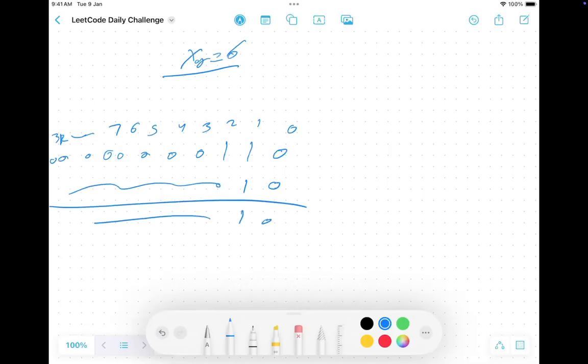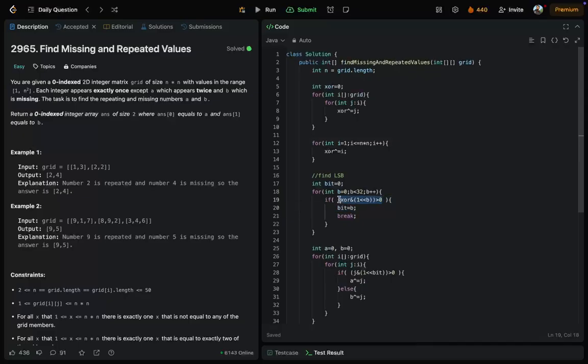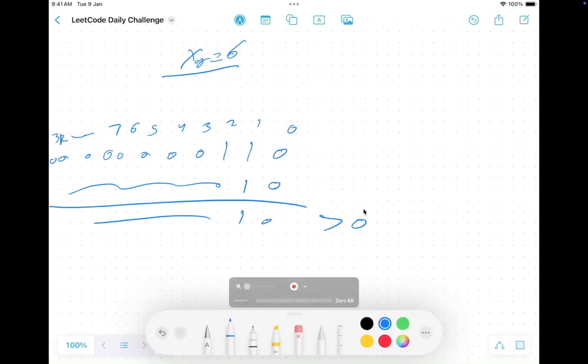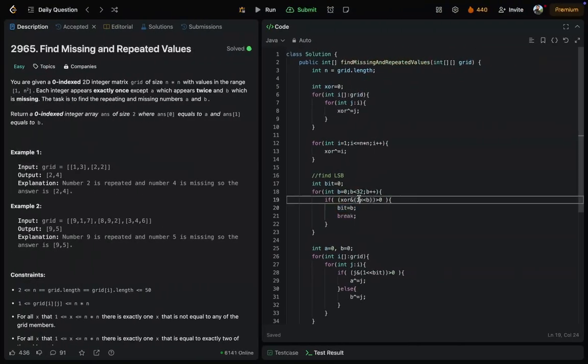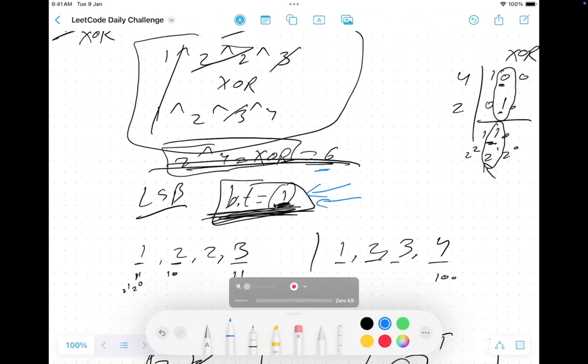Then we are getting some value which is greater than 0, right? Yes, if this is greater than 0, it means this is our LSB. So our bit will become 1, as we are shifting 1 left b number of times. Okay, we know our bit is 1, so we found our bit.